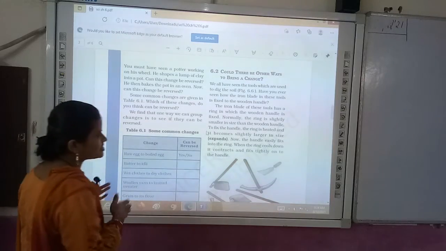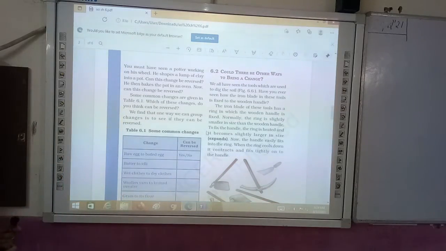तो clay को किसने change करता है? Pot. Now can this change be reversed? ठीक है? क्या ये change reverse हो सकती है? He then bakes the pot in an oven. Before baking, he can change the shape.